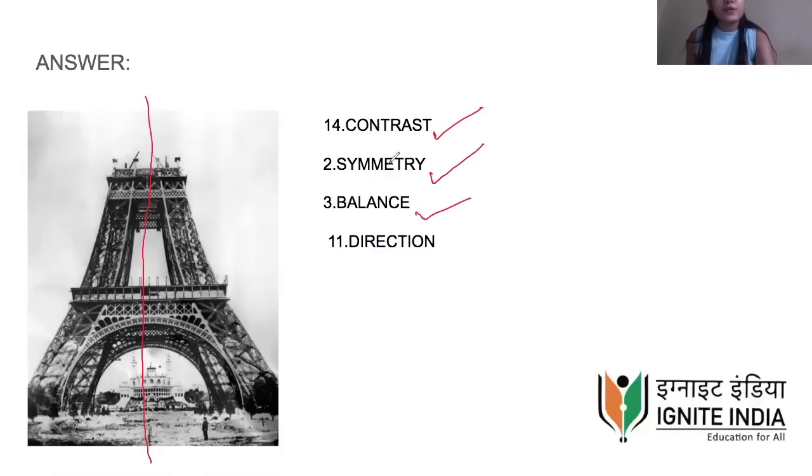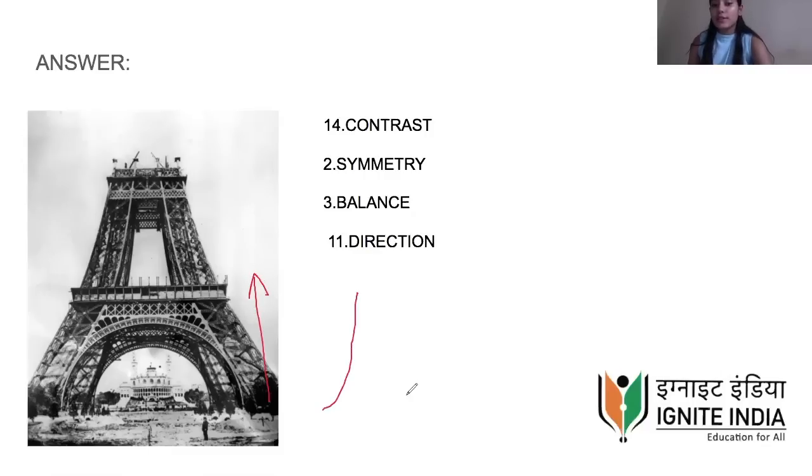It might be confusing a lot of the time, but stick to your basics and remember what was taught to you. So contrast, then symmetry, balance, and the fourth one is direction, because you will see your eyes going up, because the structure is like this. That's why there's a movement happening in the eye, and that's why the fourth option is direction.